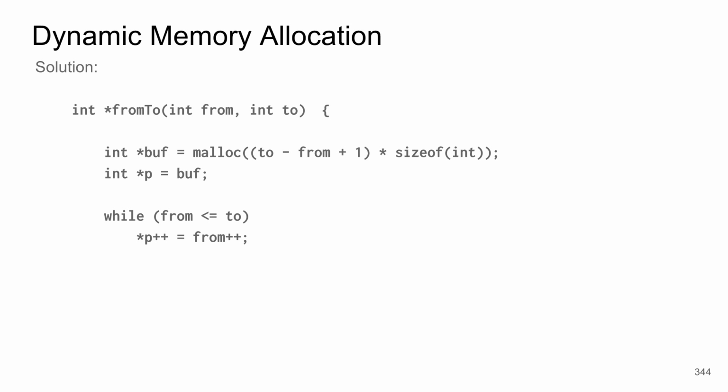So this will go down that array we just allocated, and it will set the first position to whatever from was passed in as. Then we'll increment the value of from all the way until from is equivalent to 2, right? Cool.